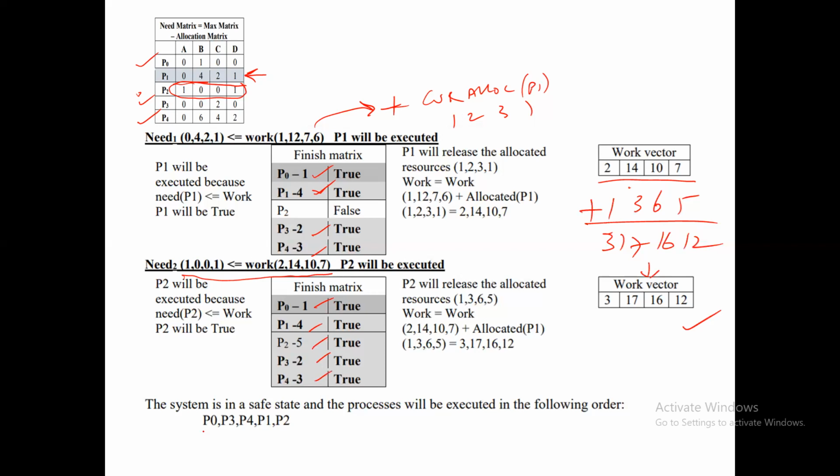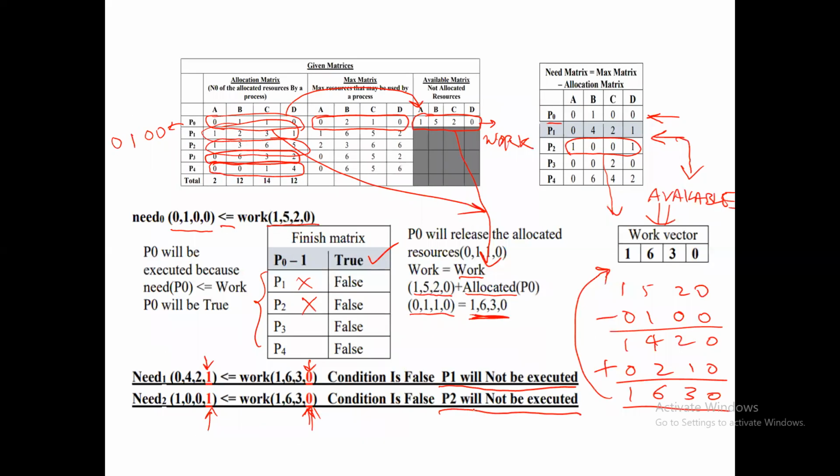So we started with P0, right? Then went for P3, then went for P4, and finally P1 and P2. So this we call a safe sequence. We allot the initial availability in this particular order. We say that we can avoid deadlocks. When would we have got deadlock? We started with P0, right?